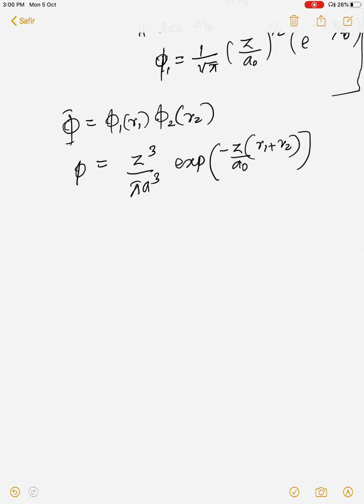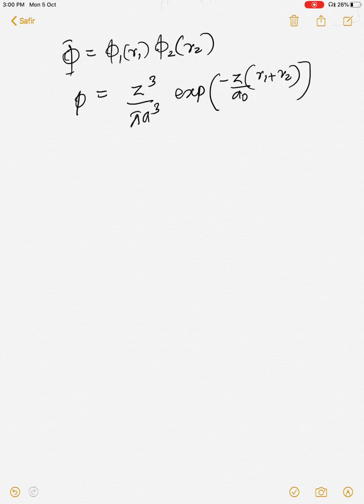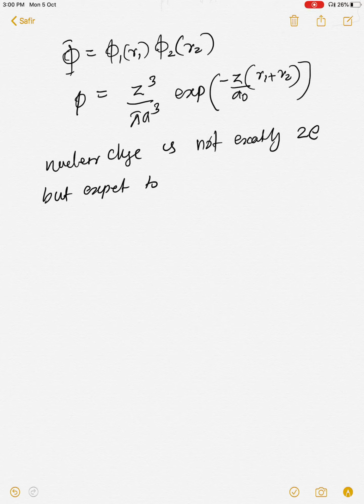The nuclear charge is not exactly 2e, even though there are two protons; it is expected to be lesser.